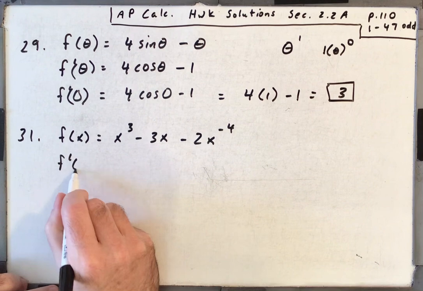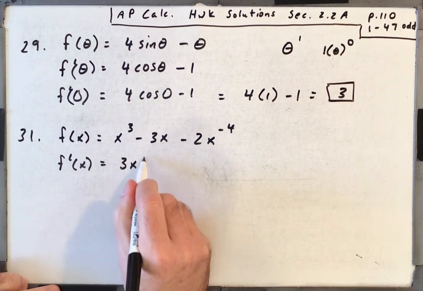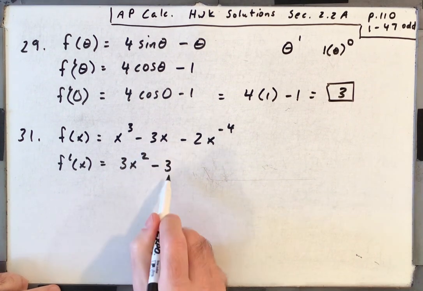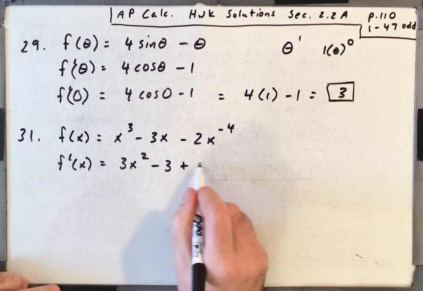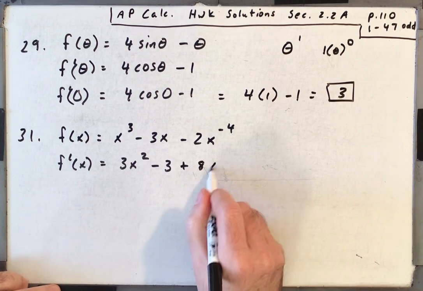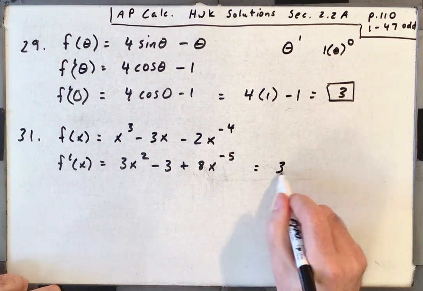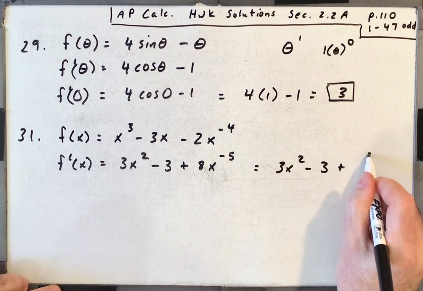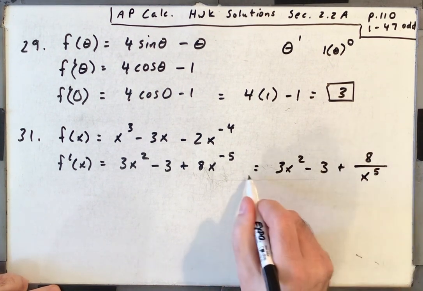So f prime of x, the derivative of x cubed would be 3x squared, and then minus the derivative of 3x is 3, and then this would be plus negative 4 times negative 2 is positive 8, x to the minus 5. So that's 3x squared minus 3 plus 8 over x to the 5th.